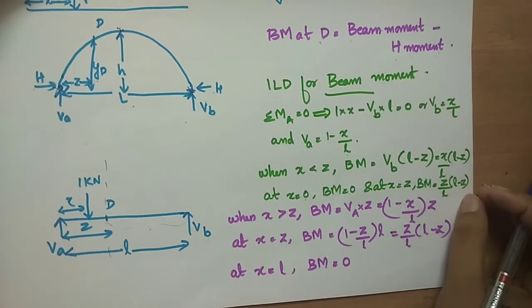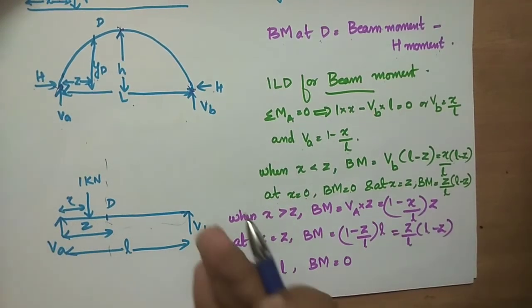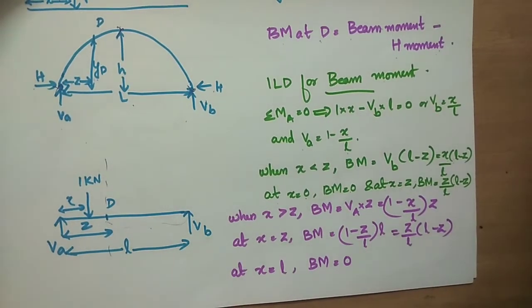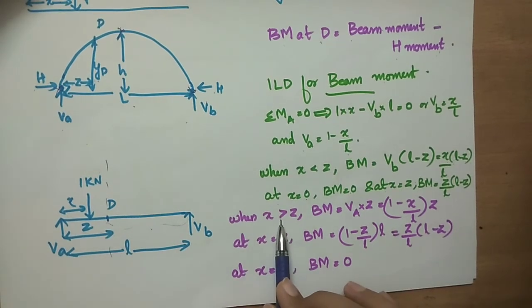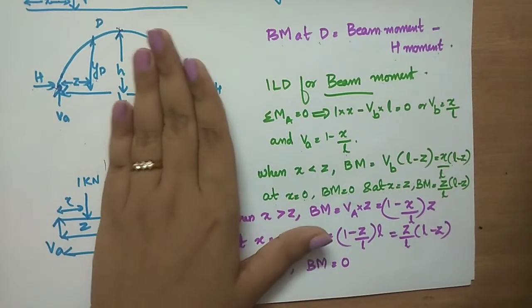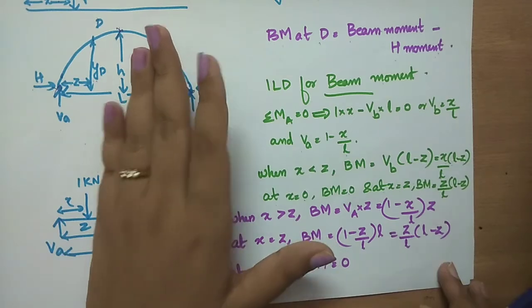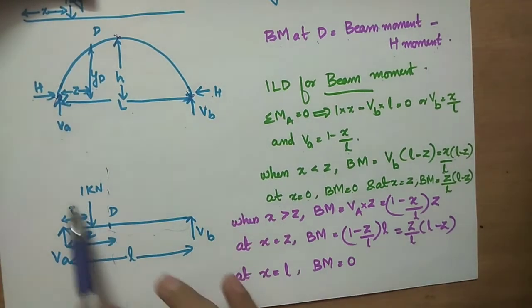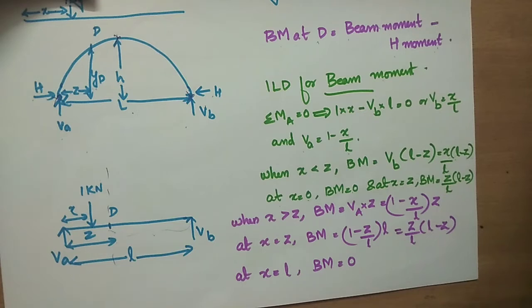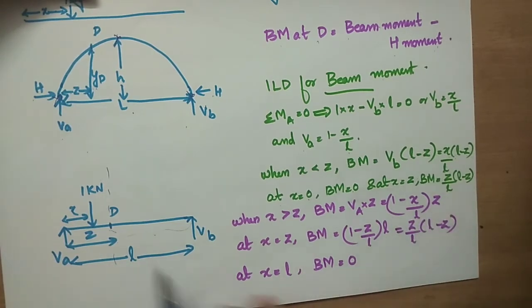Okay, now consider that the 1 kilonewton has moved to the other side of the section, that is X greater than Z. In that case, the bending moment will be VA into Z. VA is 1 minus X by L, so it is 1 minus X by L into Z. At this point X is Z and at this point X is L. So at X is equal to Z, bending moment is 1 minus Z by L into Z, and at X is equal to L, bending moment is 1 minus L by L into Z, which is 0.